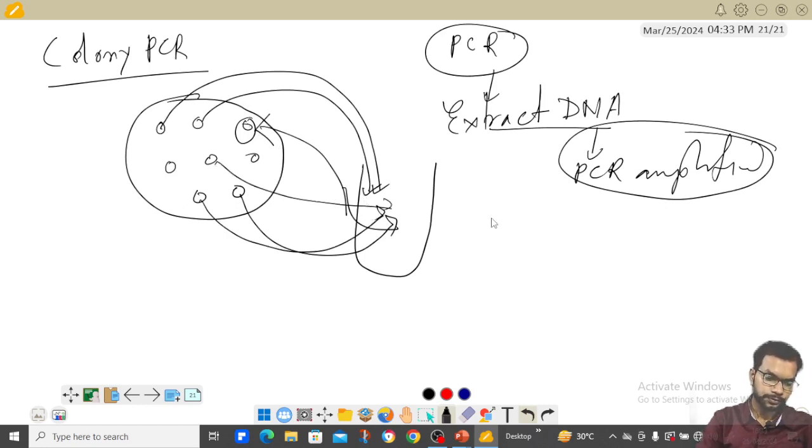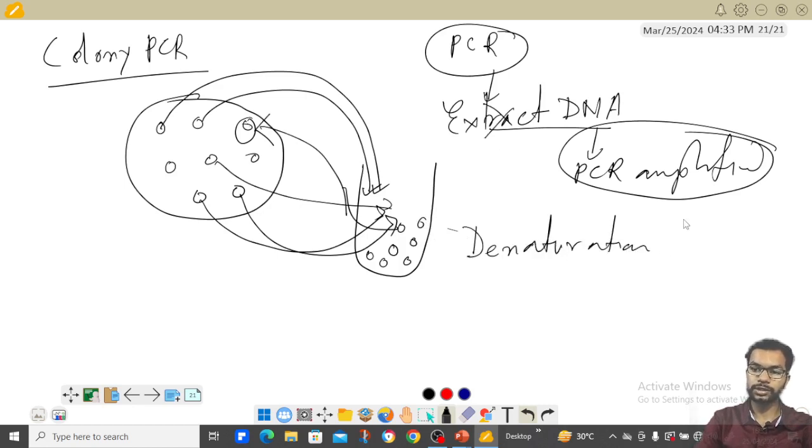After transferring, the colonies are there. If this was a conventional PCR, then we would need to extract the DNA from these bacterial cells. But in colony PCR, we do not need to extract the DNA. We just increase the timing of the denaturation step.